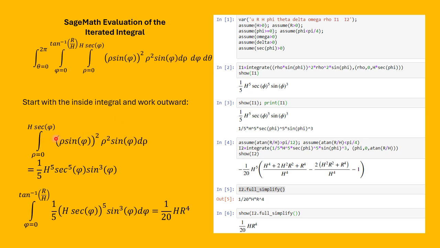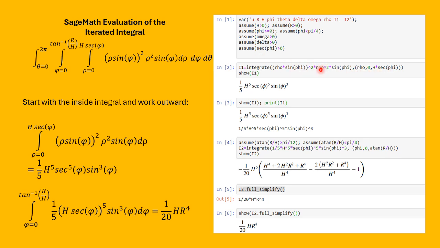We do that in cell number 2 in the Sage Math notebook, a Jupyter notebook. I'll let I1 equal the integral of rho sine phi quantity squared times rho squared times sine phi, where rho goes from 0 to h secant of phi.